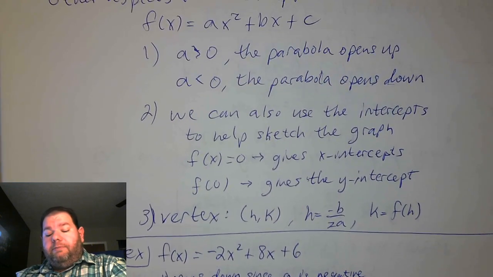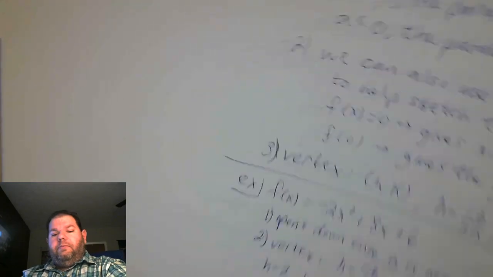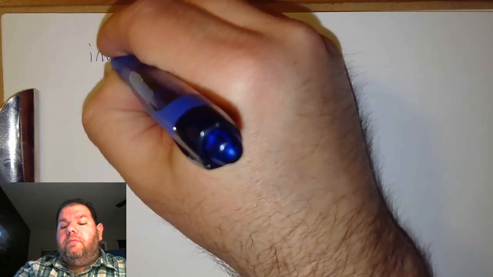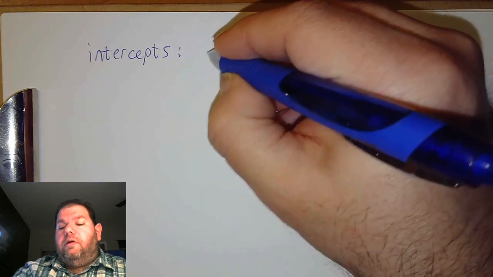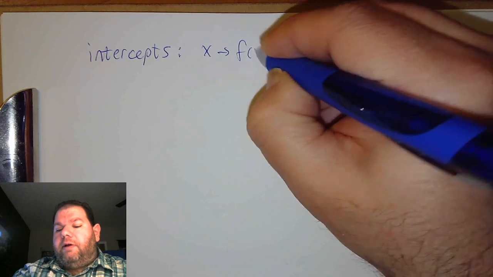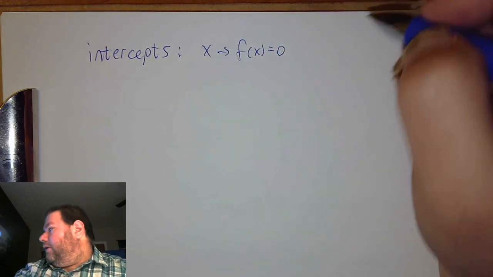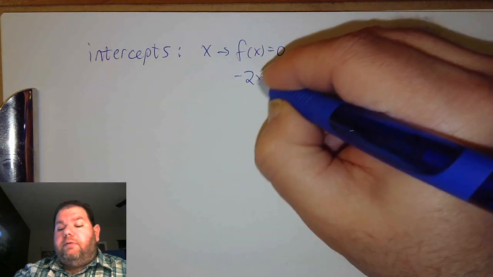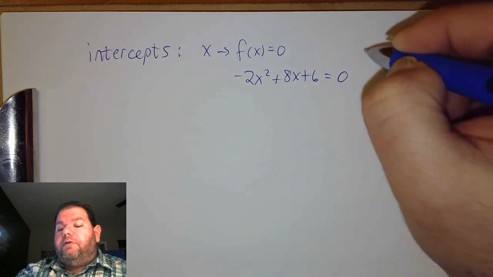Next, we'll get the intercepts. For x, we said f of x equals 0. So in this case, we have negative 2x squared plus 8x plus 6 equal to 0.